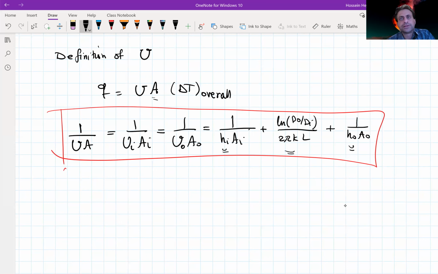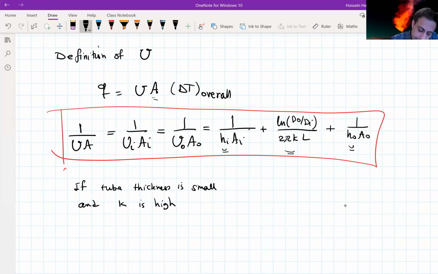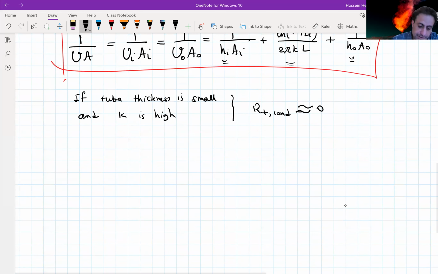Now, when the tube thickness is small and K is high, generally we choose the material that provides a high conductivity, then what we can say here is the resistance of conduction because of the wall is almost zero.